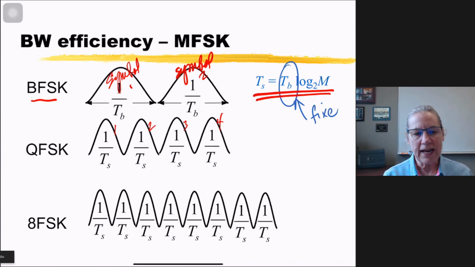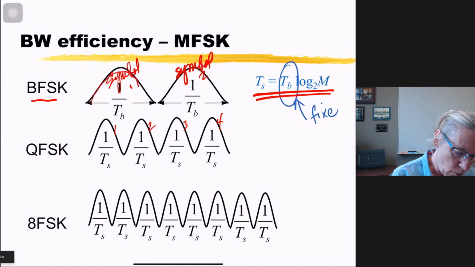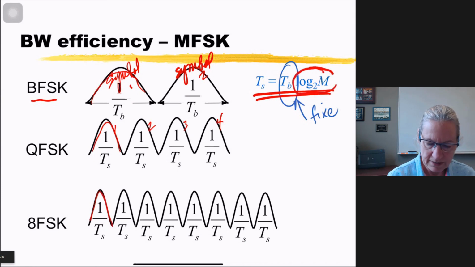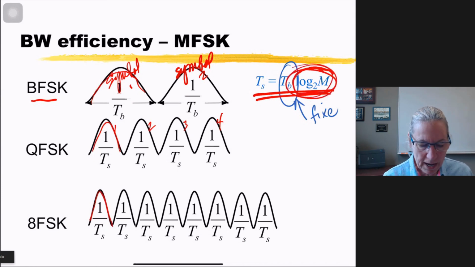And now let's look at 8FSK. Again, I'm getting smaller here from the widest to smaller, and this is getting smaller based on the logarithmic decay. But I'm getting more of them, and that is growing linearly. Here I had 2, now I have 4, and here I have 8 slots that I'm using.